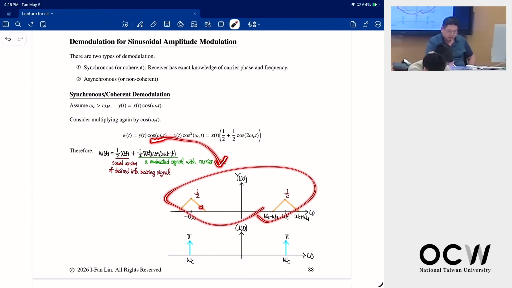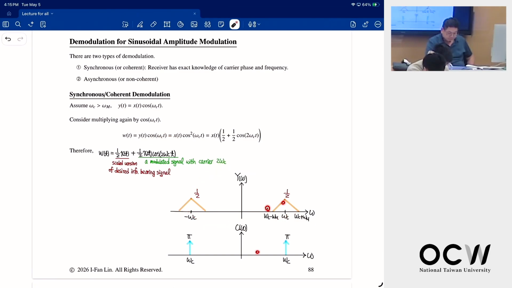In the frequency domain, that's doing the convolution. So if they do the convolution, this will come here, this will come here, and this will come here again. Okay, so maybe this one.